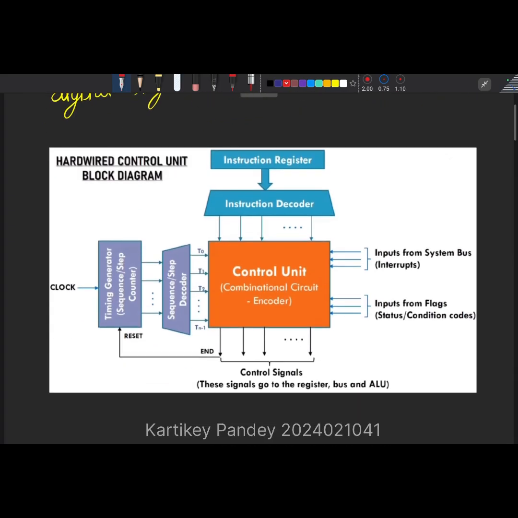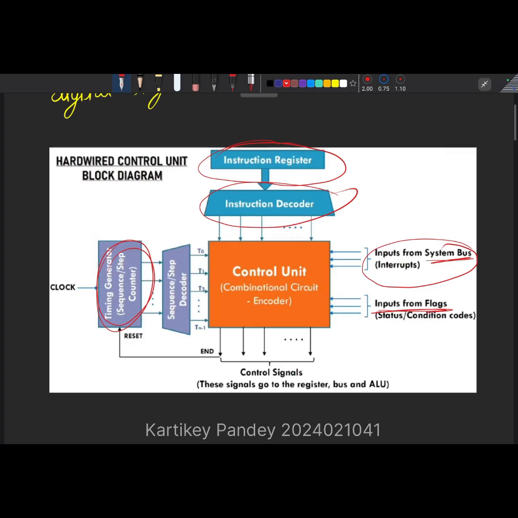Now we can understand it further by this block diagram of a hardwired control unit. Here we can see that we have the instruction register, the instruction decoder, and various kinds of inputs from system buses, from flags, and here we have the step counter. Let's discuss in detail the working of a hardwired control unit.